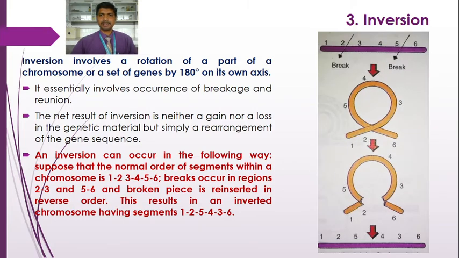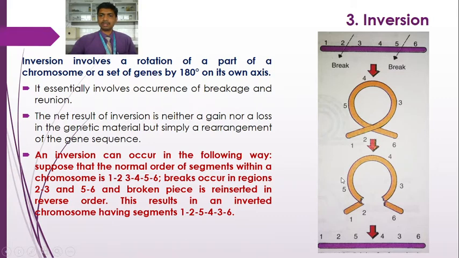In this diagram, the chromosome segment has a gene order 1, 2, 3, 4, 5 and 6. In this case, two breaks occur, one between 2 and 3 and the other between 5 and 6. Due to the breakage of the chromosome, the broken piece is reinserted in a reverse order.